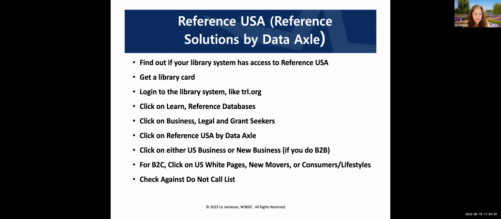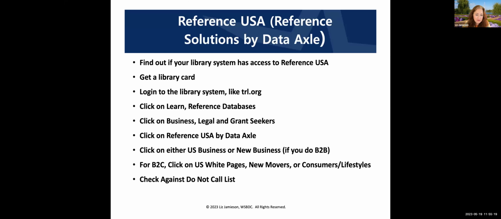So I don't know, libraries are just like one of the best kept secrets or unsung heroes, I think, that we could make use of in our business, right? So get yourself a library card. Usually they're free or very inexpensive, and it might give you access to something like Reference USA.